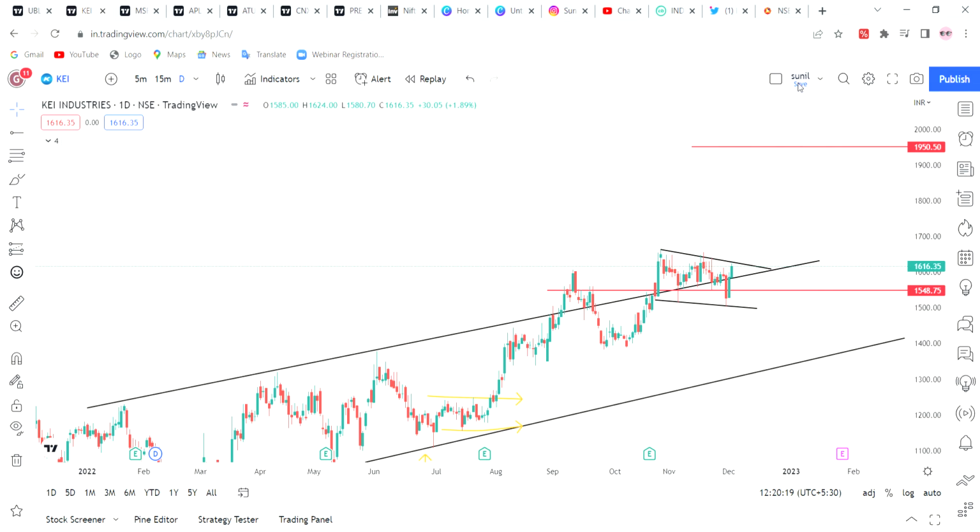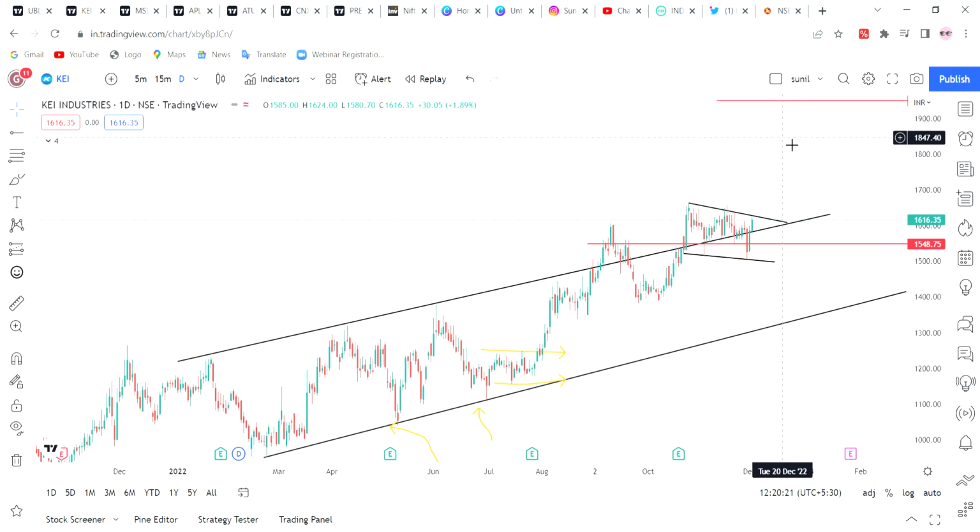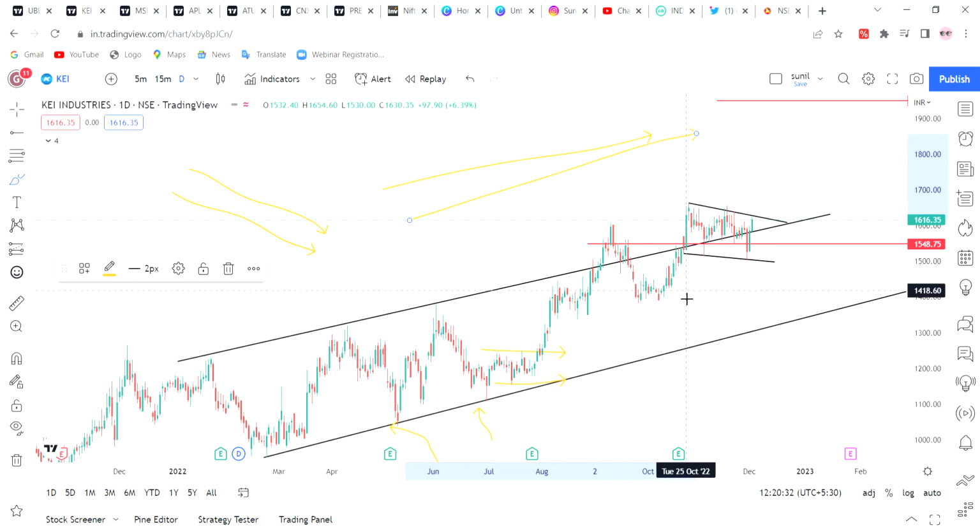Because whenever the price gives a breakout of a range, there are so many types of ranges, right? Descending channel, ascending channel, or the normal ranges like this.